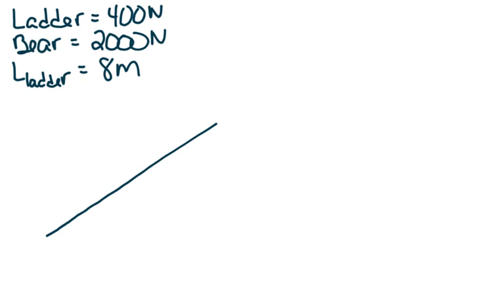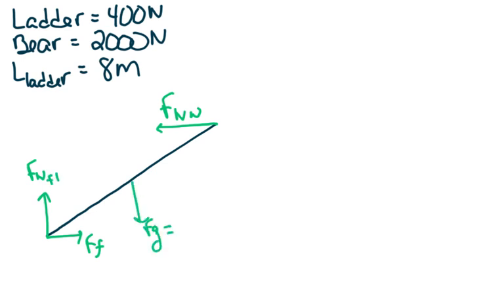We're going to take all of the forces we just identified and put them on our torque diagram at their proper locations: the normal force from the wall, the frictional force from the floor, the normal force from the floor, the gravitational force from the ladder, which is 400 newtons, and the gravitational force from the bear, which was equal to 2,000 newtons.